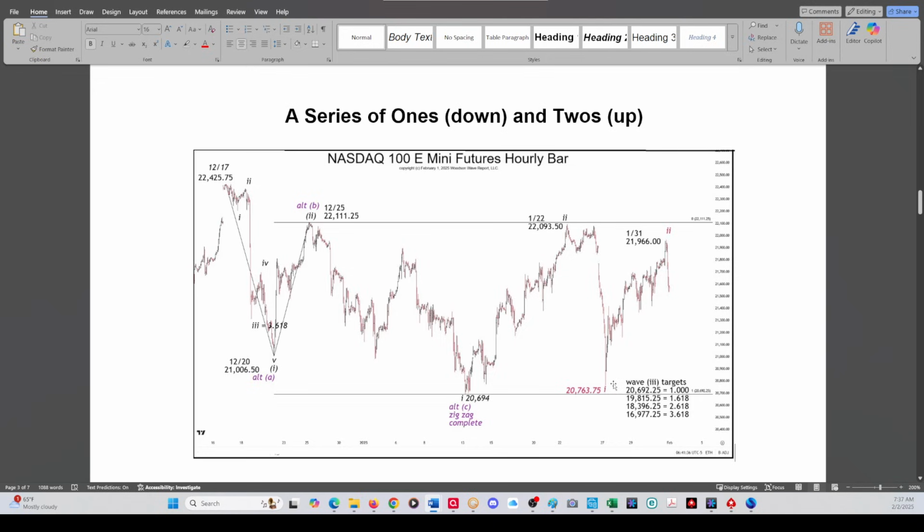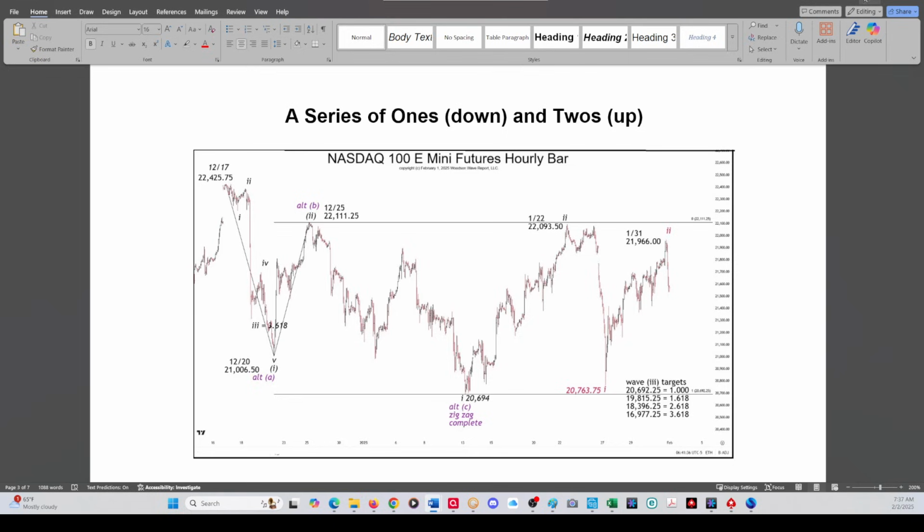I don't have it written in there, but three would obviously go above the wave 1 high. So it's the inverse of the black wave count. The purple is the bullish count and the black is the bearish count.